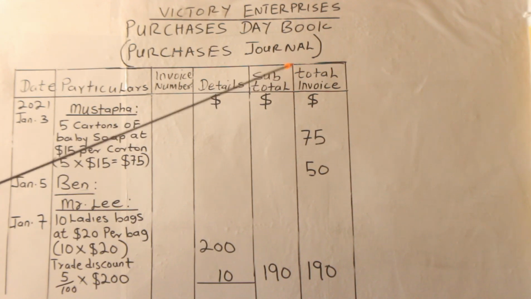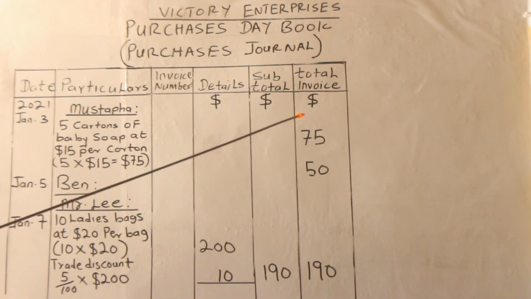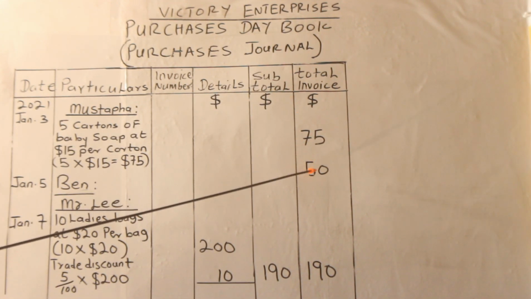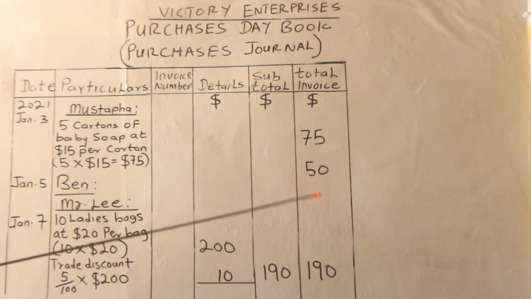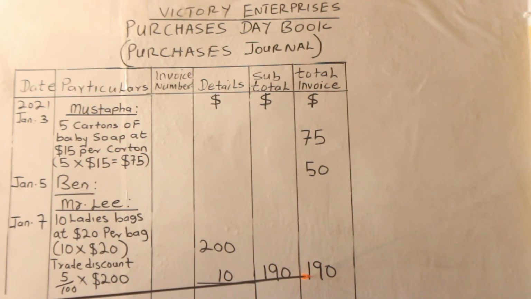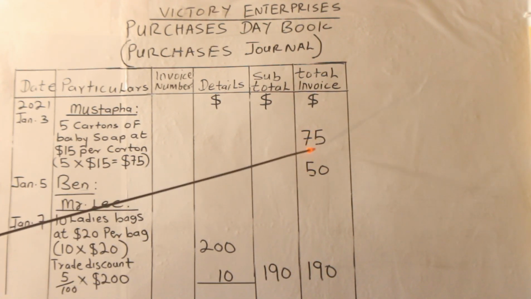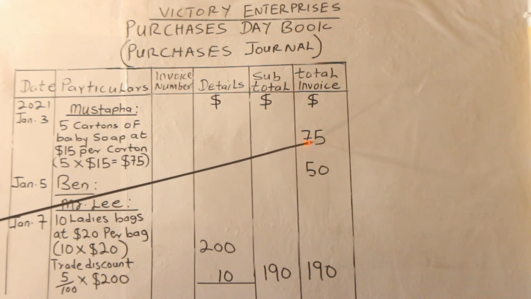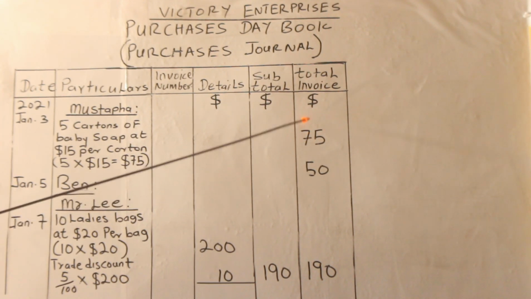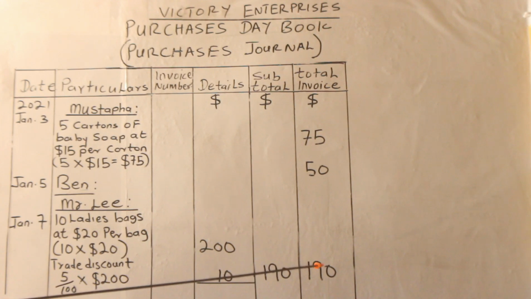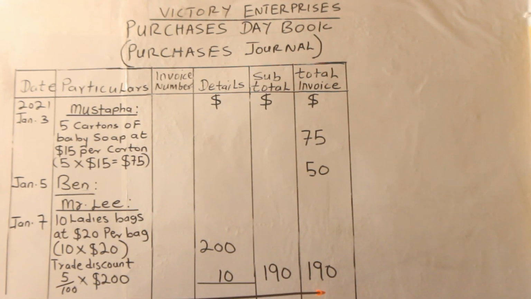So if you add up the total goods purchased on credit, we have $75 from Mustafa, $50 from Ben, and finally $190 from Mr. Lee. If we add up $190 plus $50 plus $75, it's going to give us $315. It is this $315 that will be regarded as our credit purchases for the period.